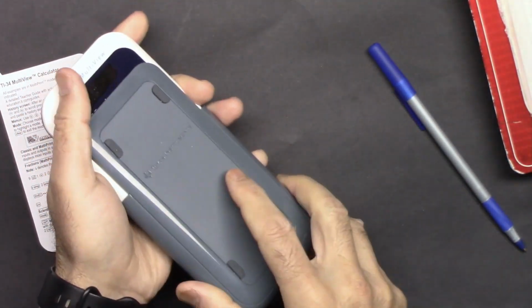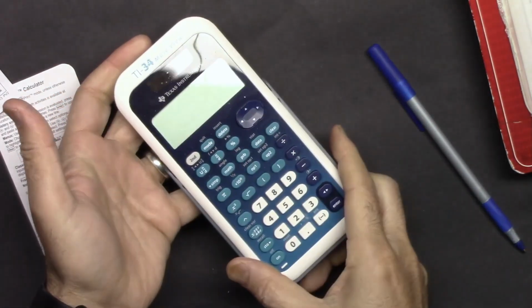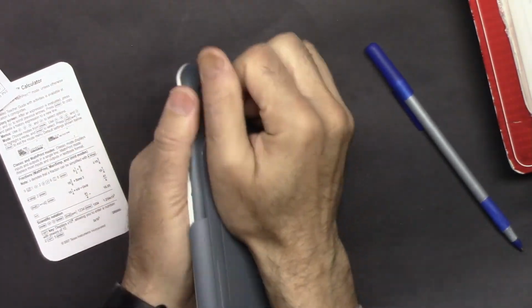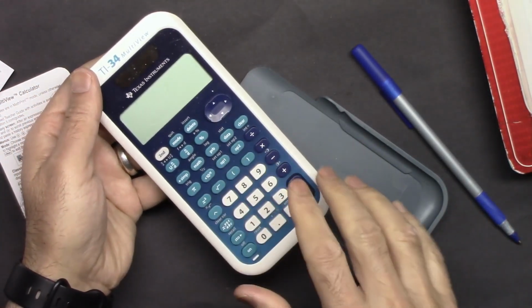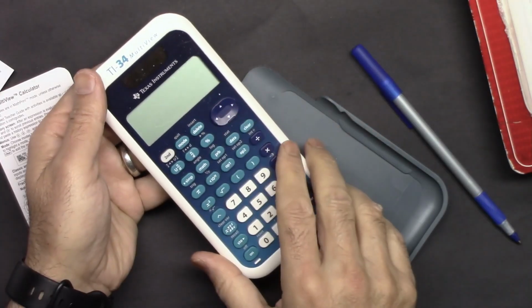The calculator also comes with this cover, so you can insert it at the bottom while using, and insert it this way to protect the numbers and the screen while carrying it in your backpack.